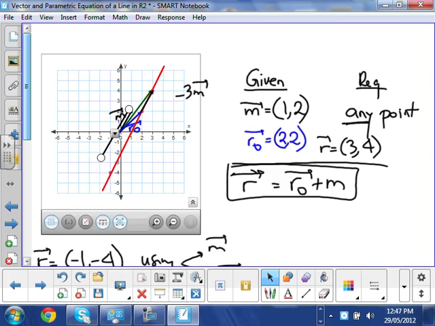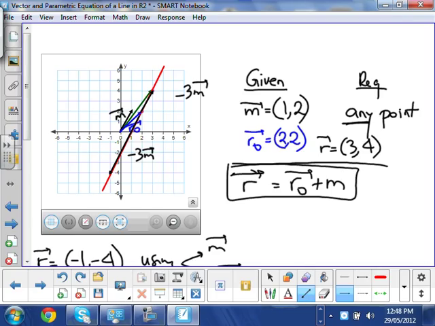Right, and that is a vector negative 3M. So what I need to do now, I need to add the blue vector and this is my negative 3M, there you go. Negative 3M.